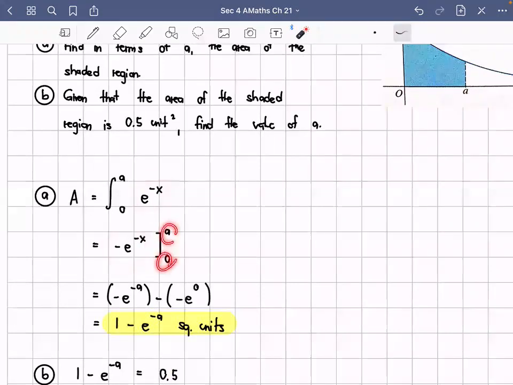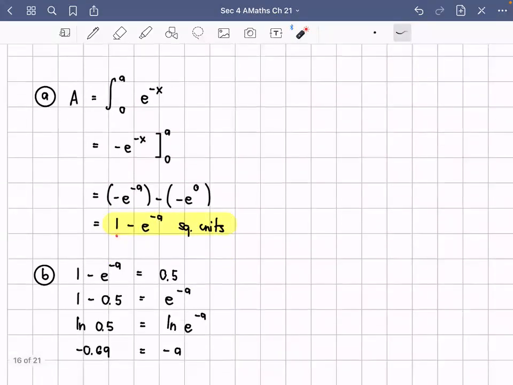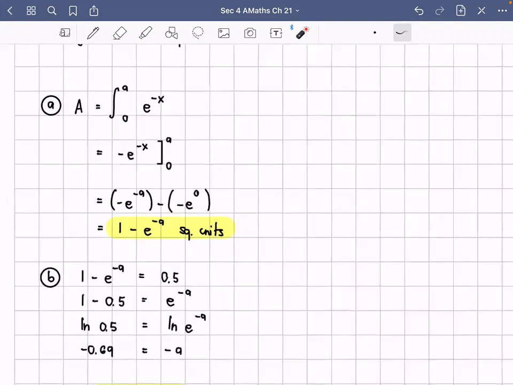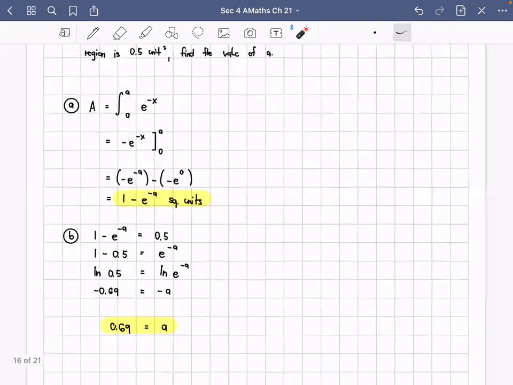Answering this, we'll have 1 minus e raised to -a square units. This is the answer for letter a. Now for letter b, it says that this is equal to 0.5 square units. Sorry, my units here were wrong. This one is letter b.